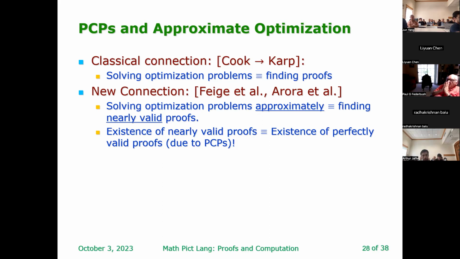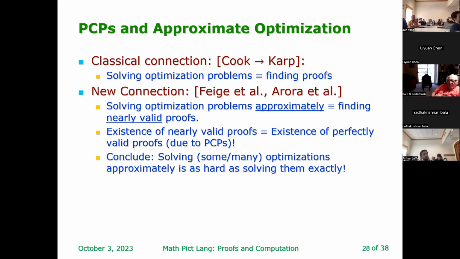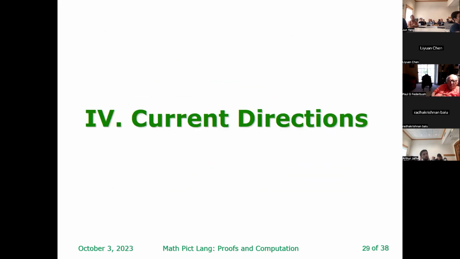If the theorem was not true, you would have accepted any proof with probability at most 50%. So approximation is built into this translation, and now you can transfer it over through the Karp world of reductions to all the problems in the world, and almost all of them are shown to be hard to approximate by this methodology. So anyway, there's a lot of stuff in the text here, which I'll skip.